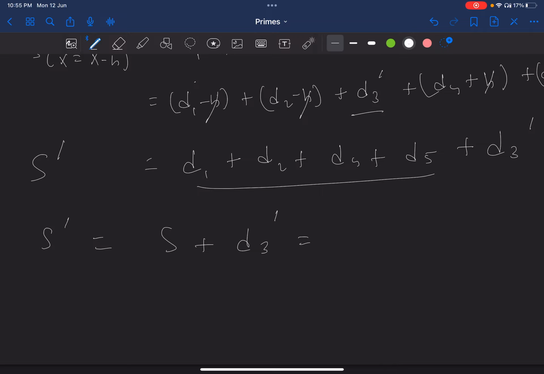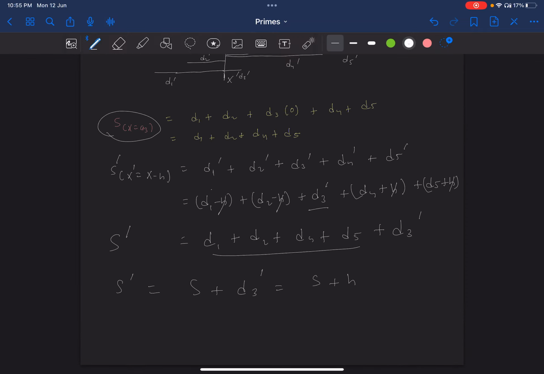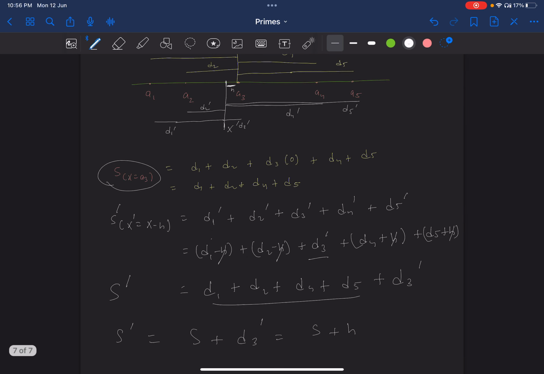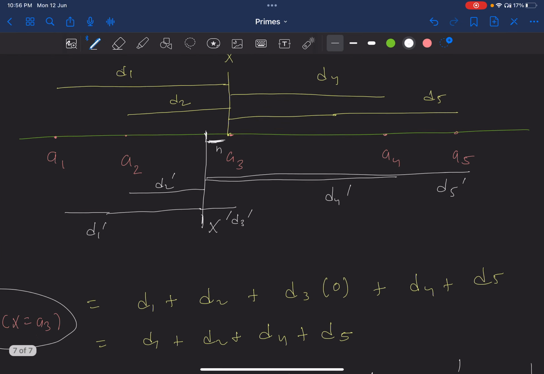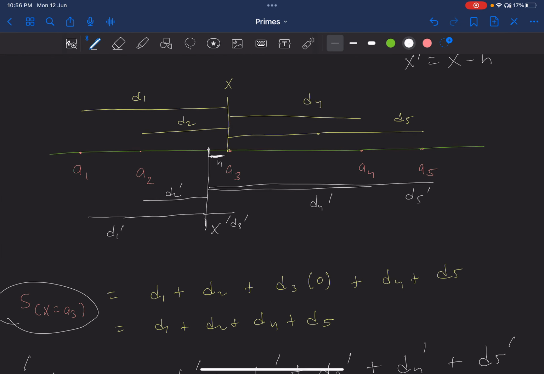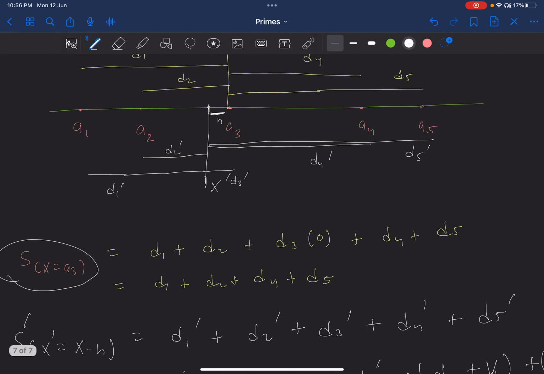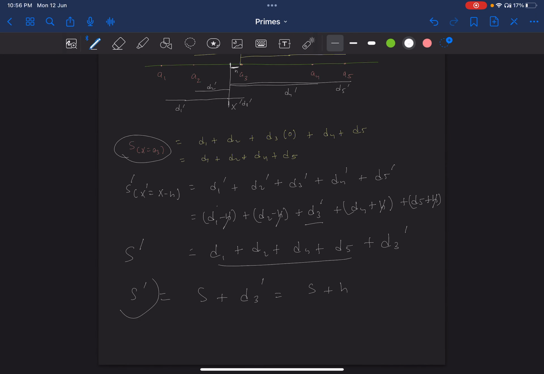So we can say that this is equal to S plus h. So we kind of proved it: if we take any number x dash which is not equal to the median of the array, then this term S dash will be more than S, right?